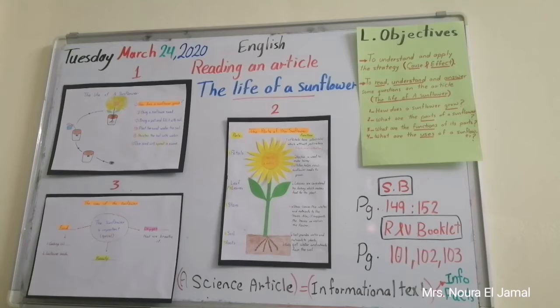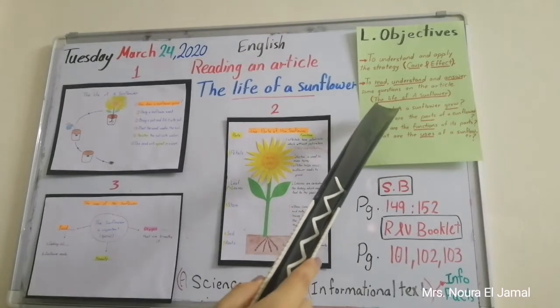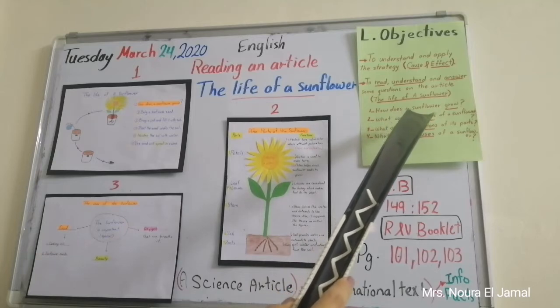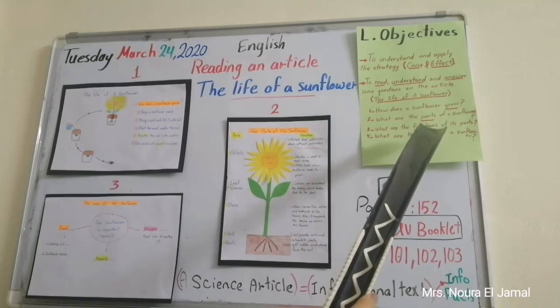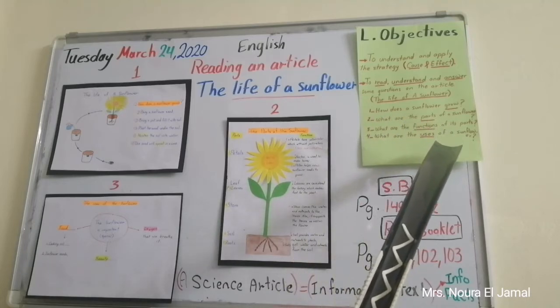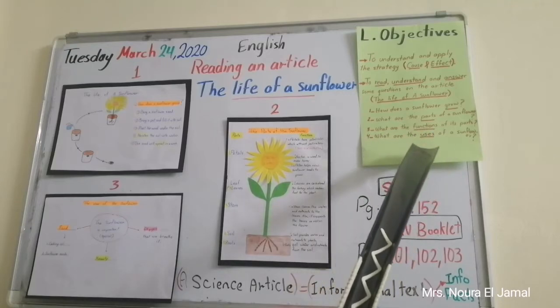Like, how does a sunflower grow? As we said before in our learning objectives, we will learn about how it grows, what the parts of the sunflower are, what the functions of the parts of the sunflower are, and what the uses of the sunflower are.